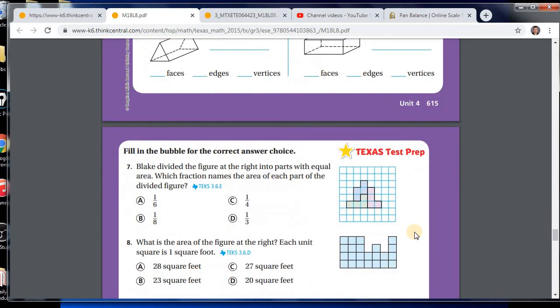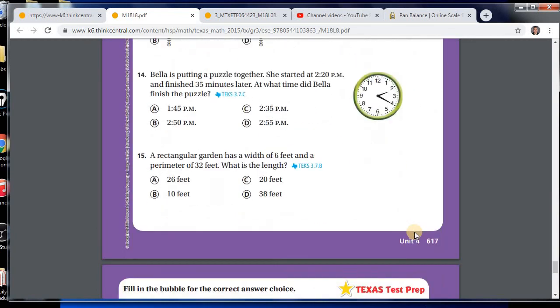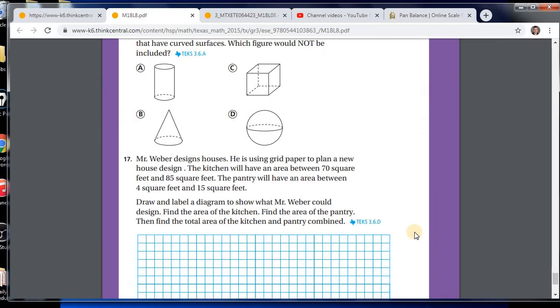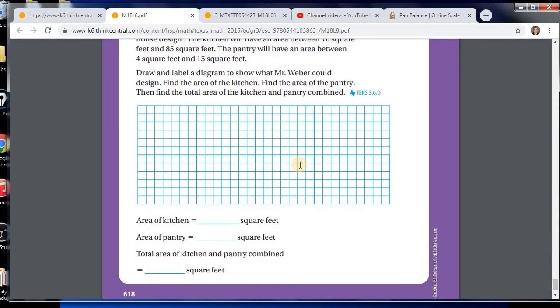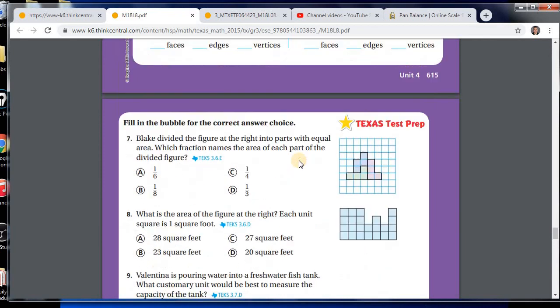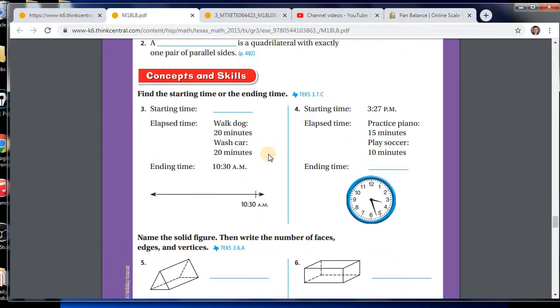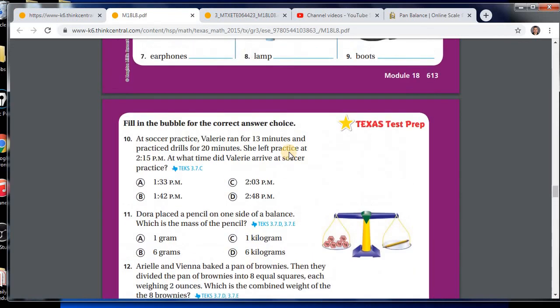So please take your time and work these out. I will give you the solutions to these on the following day. You do not have to take pictures of this and upload them to me. You will self-check them and give yourself the score, because I will be asking you randomly to give me the number. So take your time, and work at a pace that you can work with comfortably.